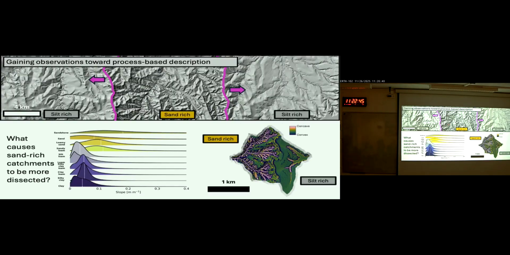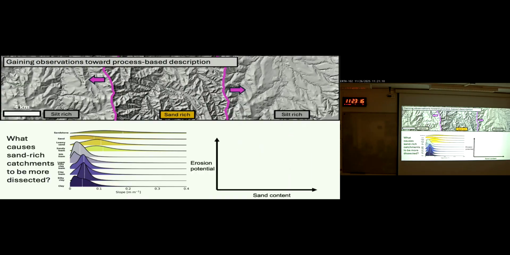And we found that what correlates mostly with these differences in morphology is the soil texture. Generally, sand-rich catchments are associated with an increase of topographic slope, and also with pronounced asymmetry with significant gully activity and fluvial activity.